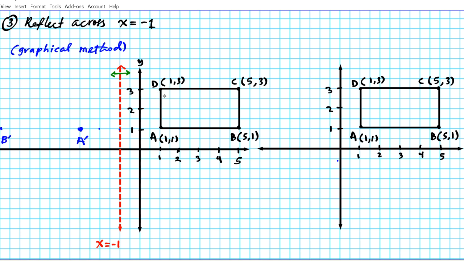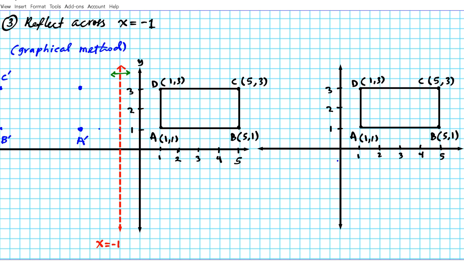And then point C is 1, 2, 3, 4, 5, 6. And you're going to go 6 units to the left. Or you can just count up along B. So if you do that, you have 1, 2, 3, 4, 5, 6 right on top of B right here. That gives your rectangle the C prime, the image of C, and then D is 1, 2 to the right. So from your mirror, please, 1, 2 to the left.